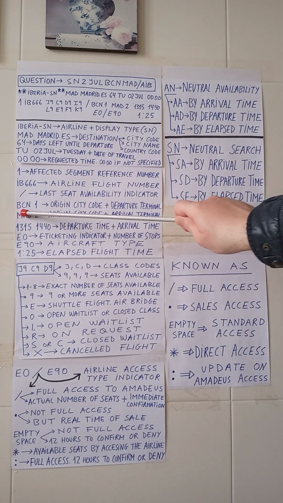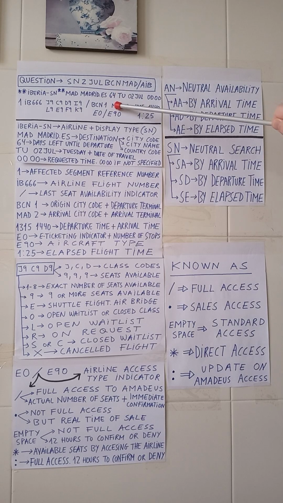MAD2 refers to the code of the arrival city and the arrival terminal at which the flight would land. In this case, it would land at terminal number 2 of Madrid Airport. 13:15, 14:40 refers to the flight departure time and arrival time.